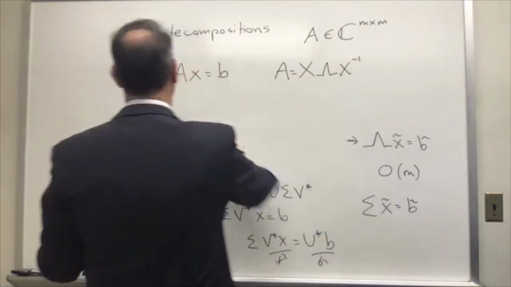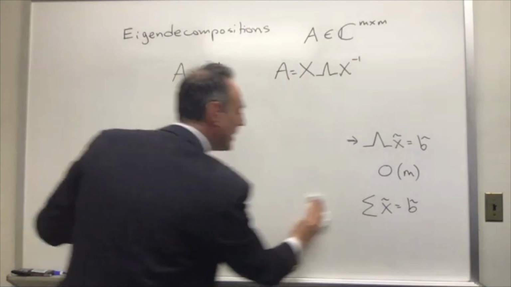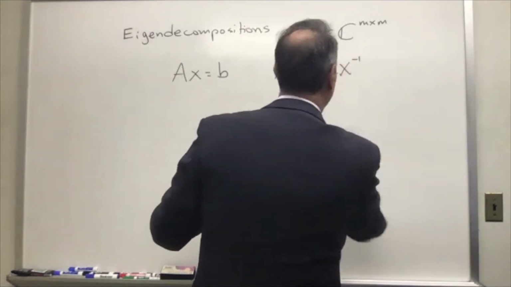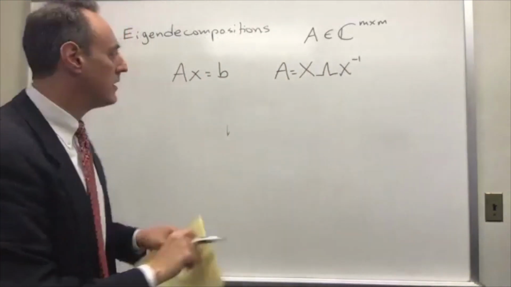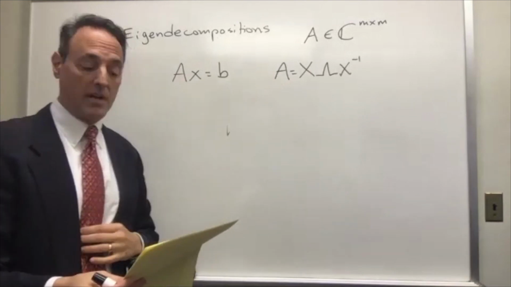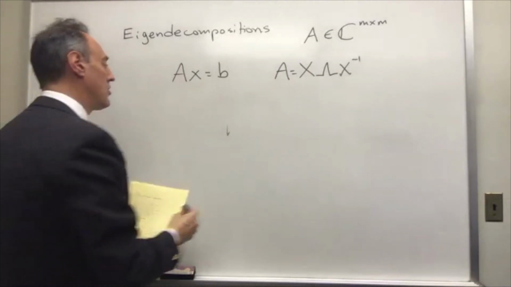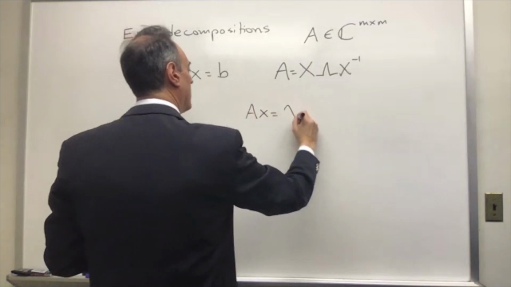So I want to solve this Ax equal to b. And in order to do that, I have to produce its decomposition. I have to get its eigenvectors and eigenvalues. So let's go ahead and think about this eigenvalue problem. Here it is.